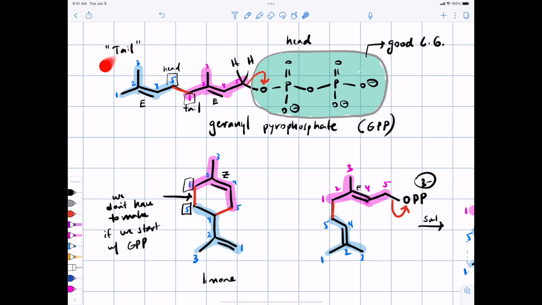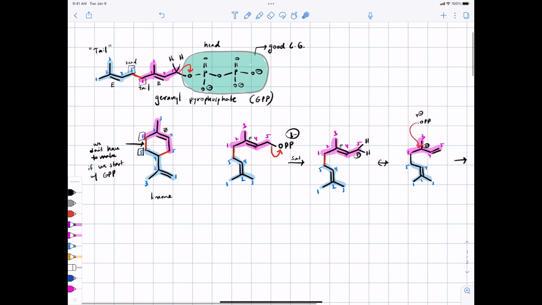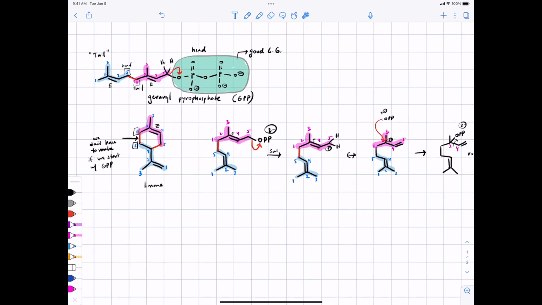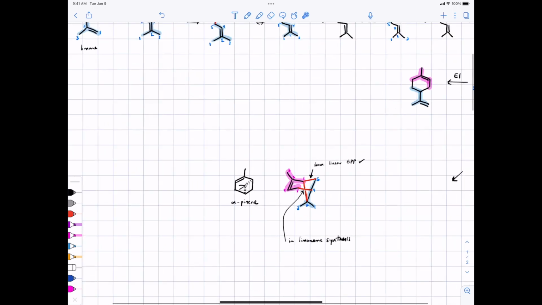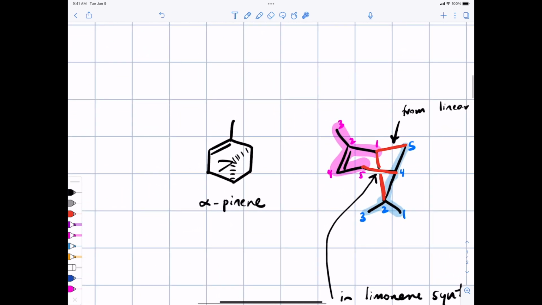And I showed you last time how you can get that from two smaller precursors. And then we talked about how to use basic reactions you've learned so far to get a very complicated but small natural product called alpha-pinene that has a 6-membered ring fused and sharing two sides with a 4-membered ring.